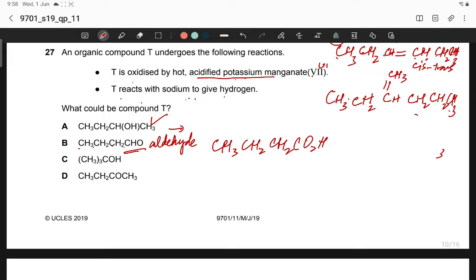T is oxidized by hot acidified potassium manganate(VII), but it does not react. Aldehyde will not react with sodium, so this is incorrect.